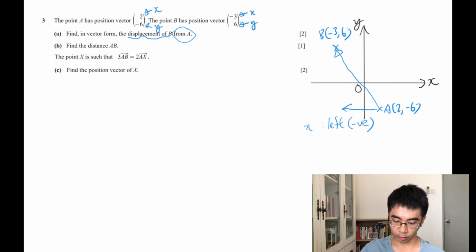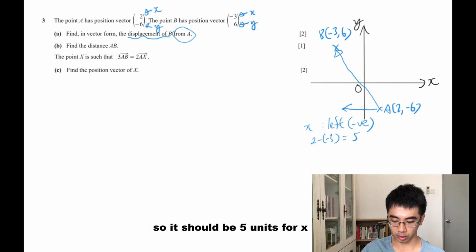For x, from 2 to negative 3, the number of units should be 5.